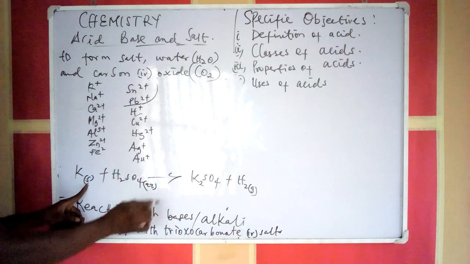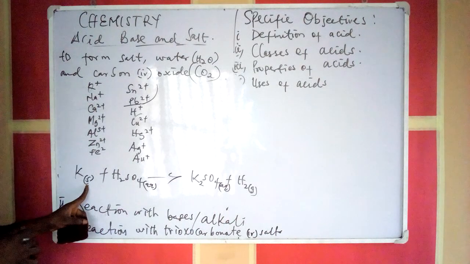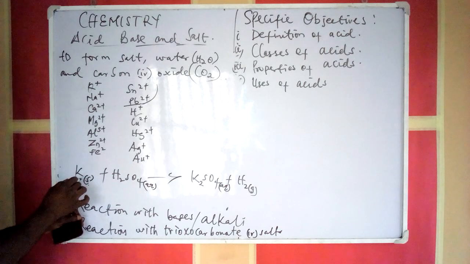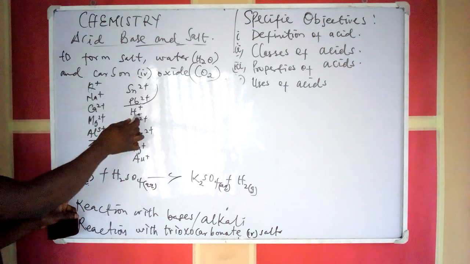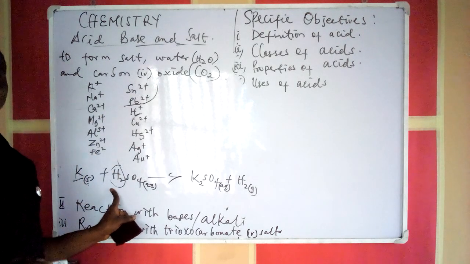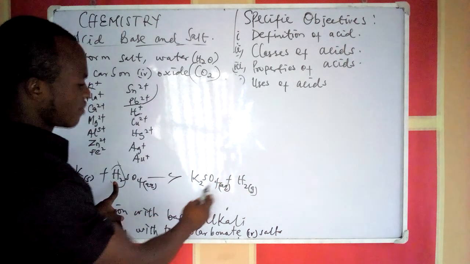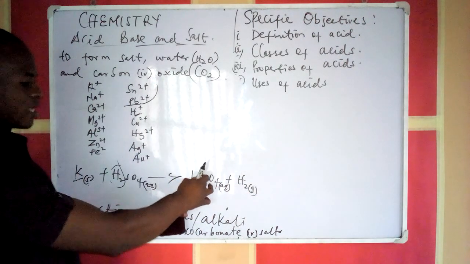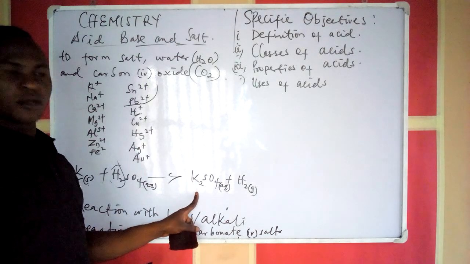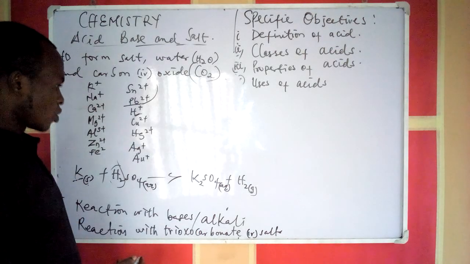This is aqueous, to form these salts and liberate hydrogen. What simply happened here is that potassium, being stronger than hydrogen, simply displaced hydrogen. If you look at the right hand side of the equation, potassium has taken the position of hydrogen as it was at the beginning of the reaction on the left hand side.